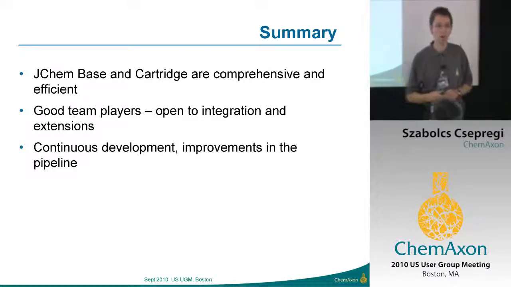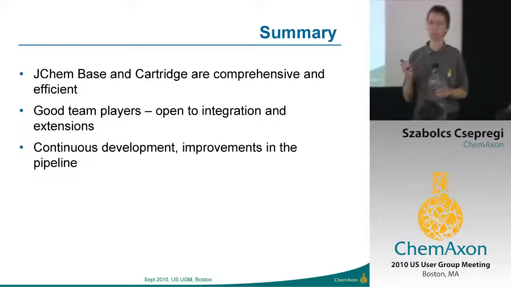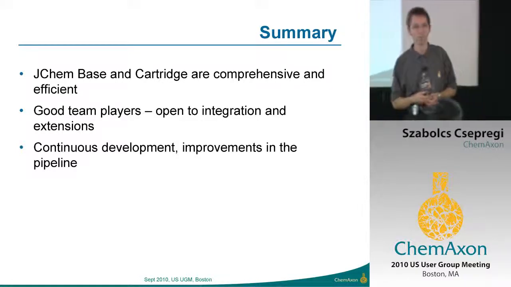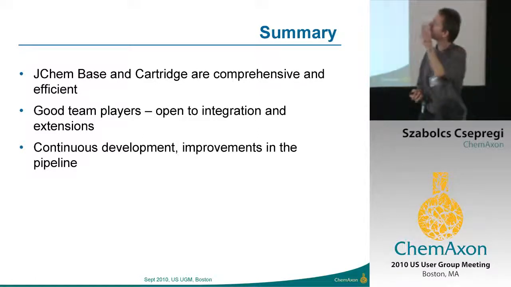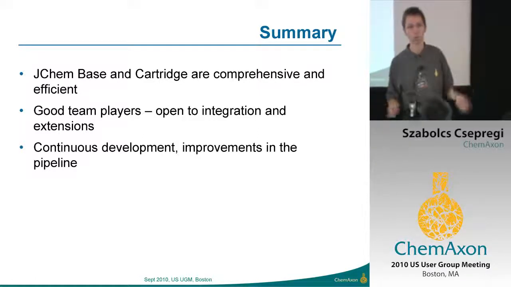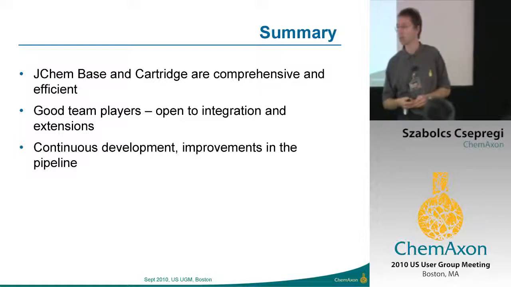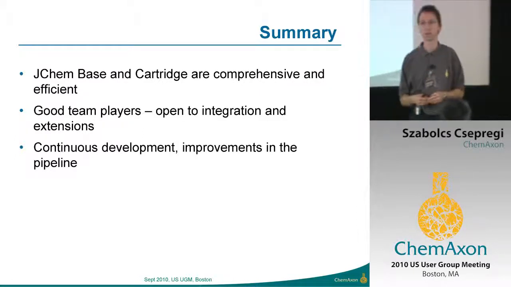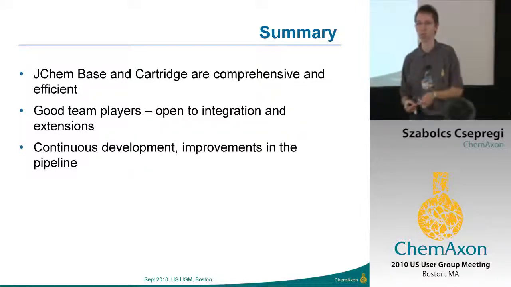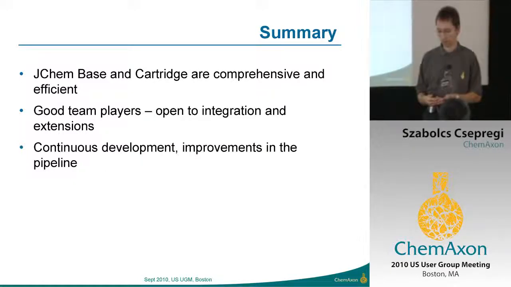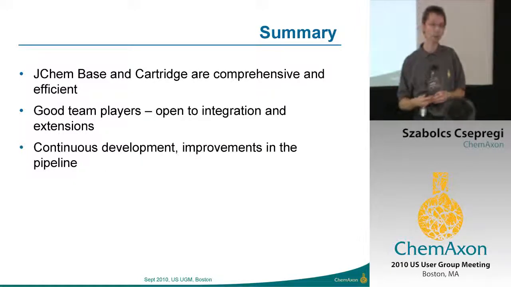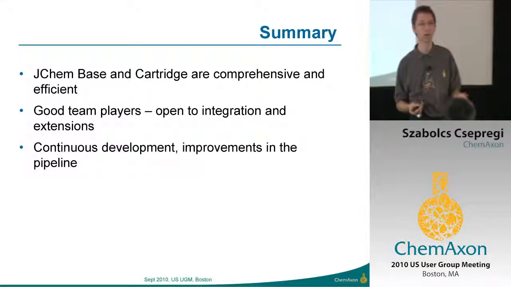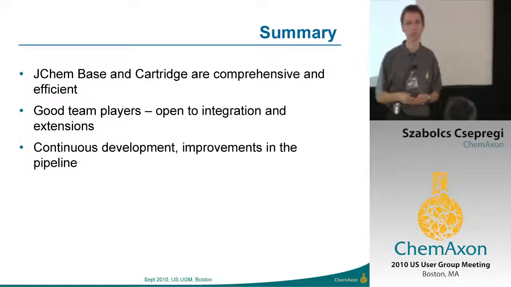So to sum up, we have seen the JChem backend products, JChem Base and Cartridge. They are quite comprehensive and effective. And they are good team players. They can interact with their other ChemAxon peers, but they can also work very well with other non-ChemAxon software pieces, because of all these compatibility features.